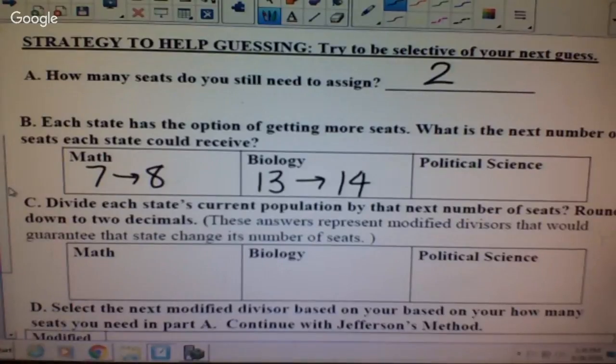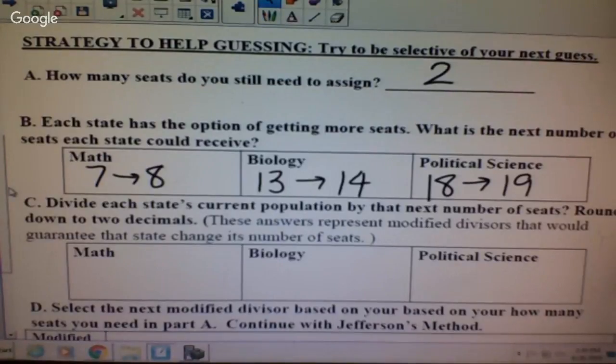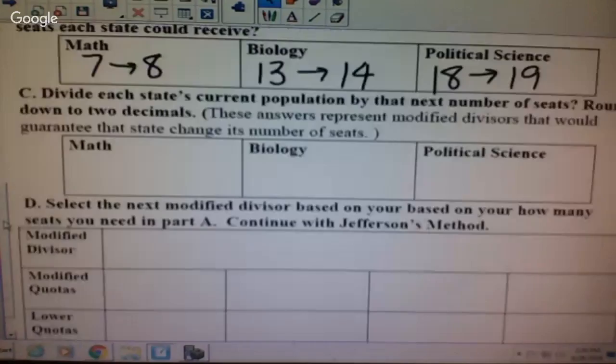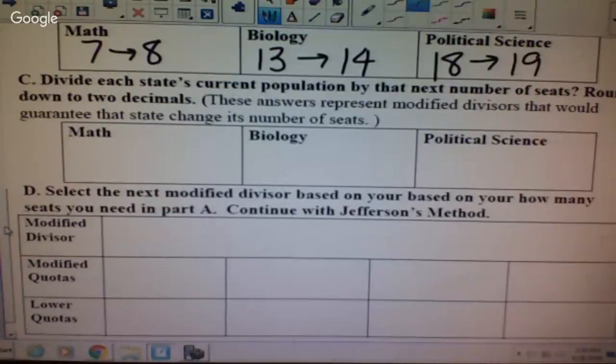And political science could go from 18 to 19. If you take that upper quota and divide each state by it, it will give you some numbers that you can change your modified divisor to. So you take math's population of 245 and divide it by 8, which was the upper quota.